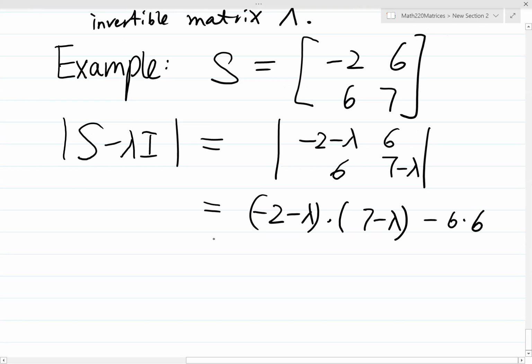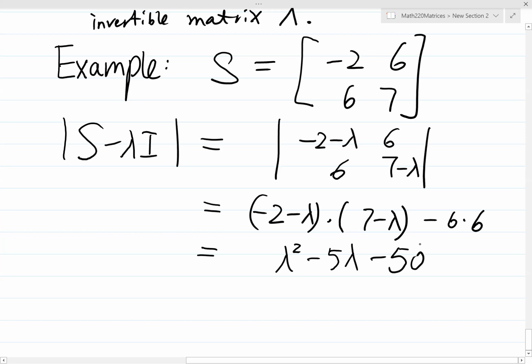If you do the algebra, this will be lambda squared. The coefficient of the lambda term is -7 plus 2, so it's -5 lambda. The constant term is -14 minus 36, which gives -50.